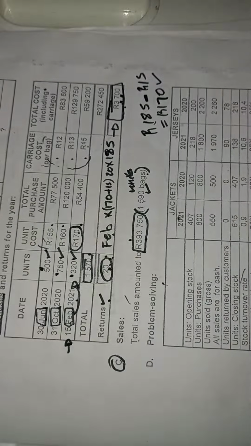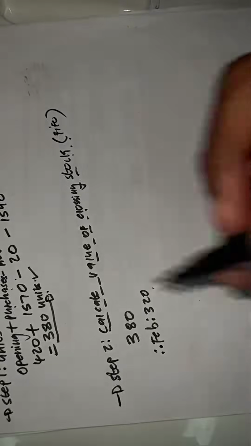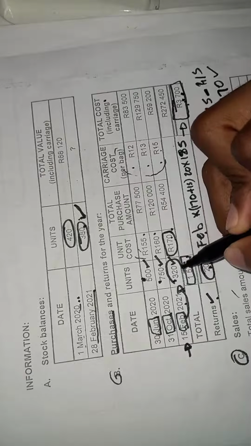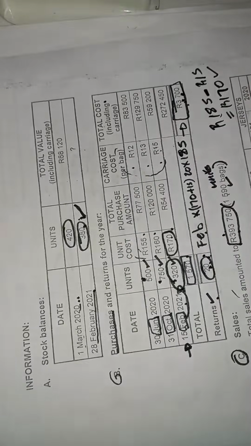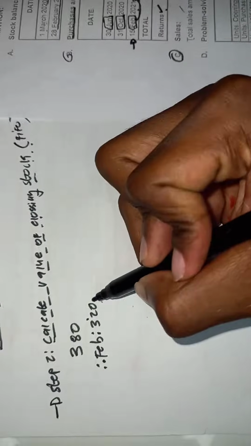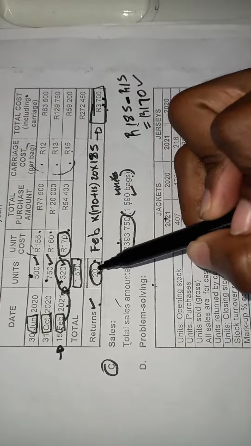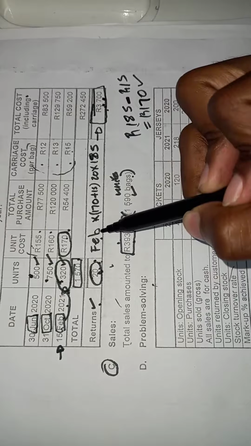Now back to our step 2. We know with February, we had purchases of how much? February, our last purchases were 320. So we're going to say our last purchases is 320 minus any returns. Are there any returns in February? Yes, there are returns. How much? 20, because we know the 20 units belong to February.